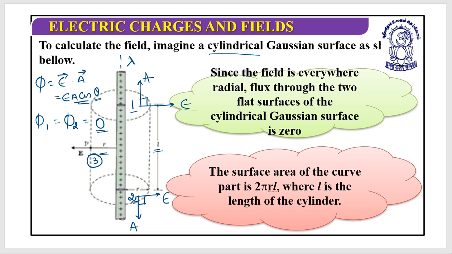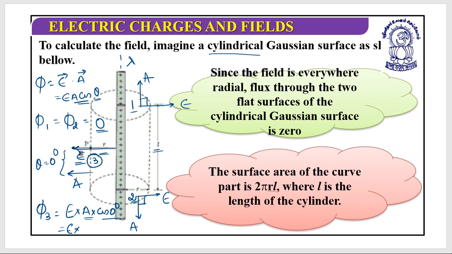Now let's talk about the third surface. The area vector would be in this direction and the electric field would be in this direction. For the third surface, theta would be 0 degrees. So what would be flux 3? E into A into cos of 0 degree, and cos 0 is 1.